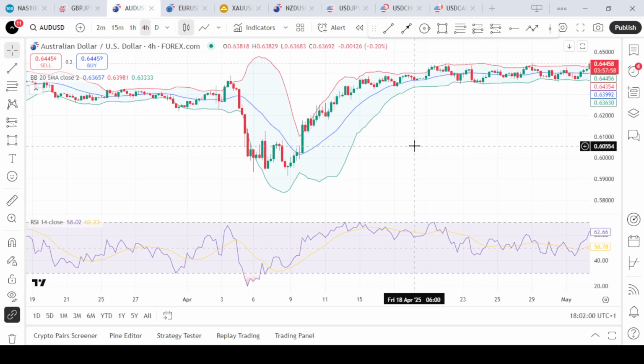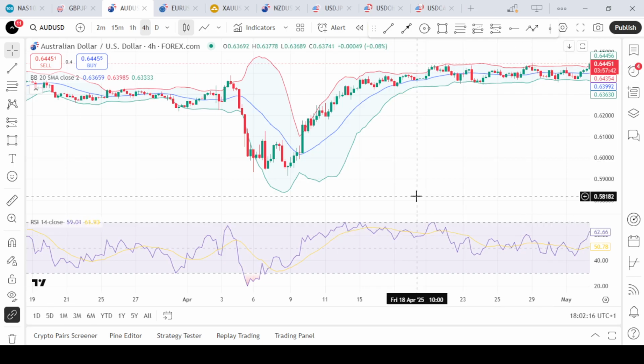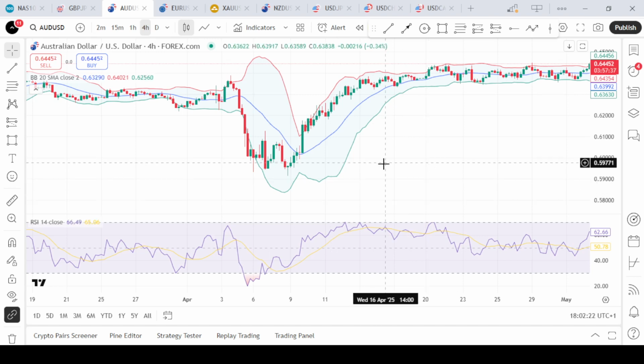Over reliance on the Bollinger Band alone is another pitfall. While this might be useful, relying solely on it can lead to missed opportunities or false signals. So you always have to pair the Bollinger Band with other tools such as your candlestick pattern. Your volume analysis will also provide a more complete picture of the market dynamics.